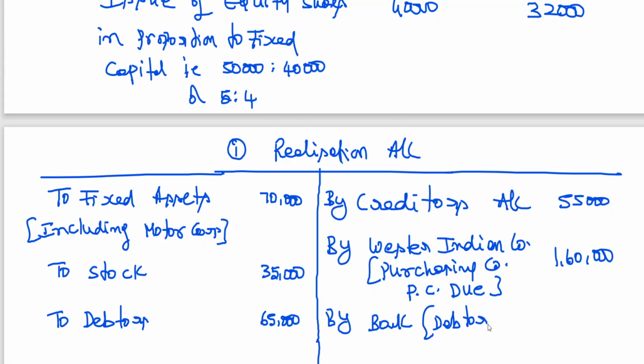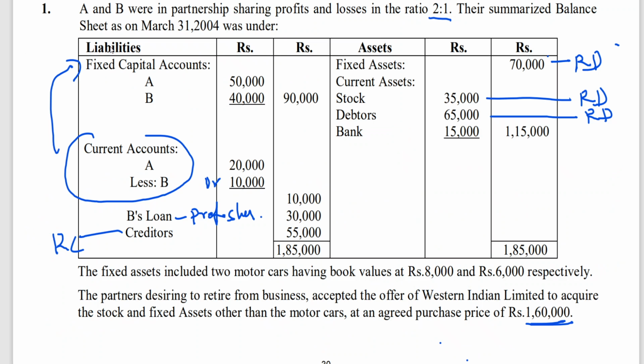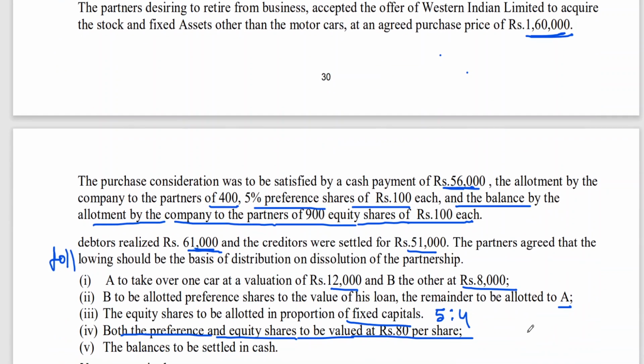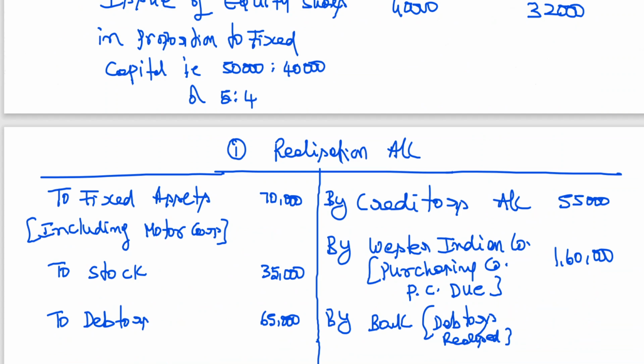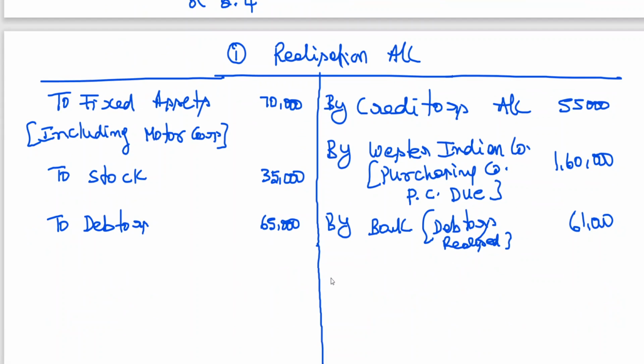debtors realized, I think 61,000. Debtors realized 61,000. And we have two more assets, two motor vehicles that have been taken by partners.